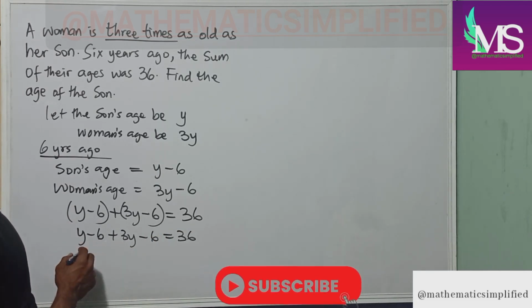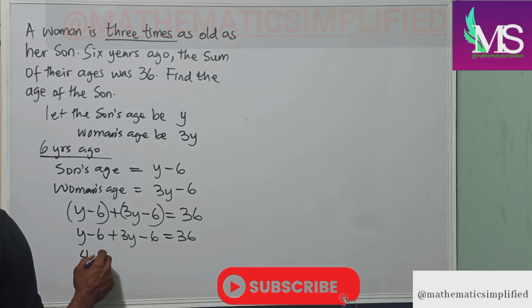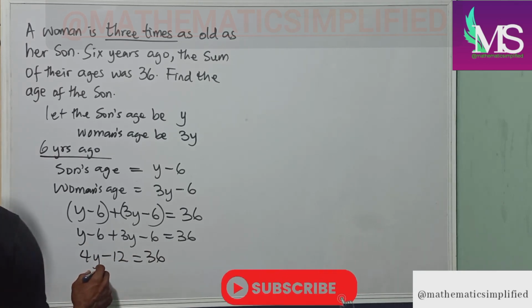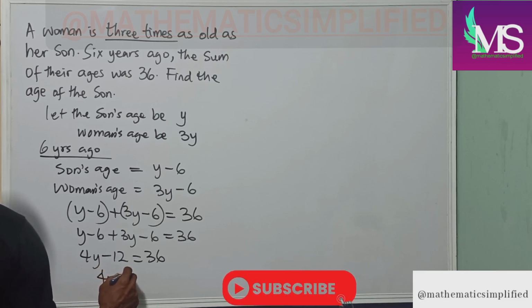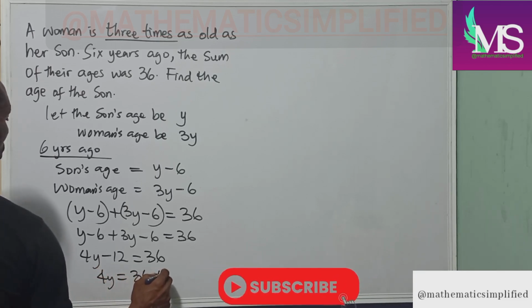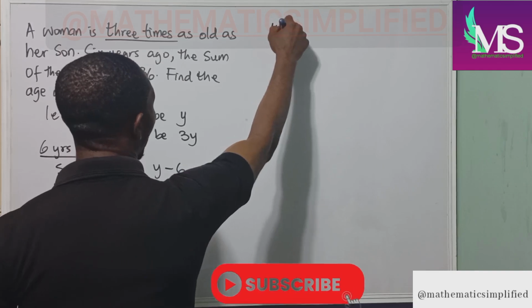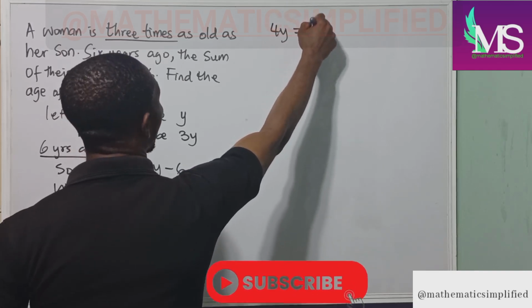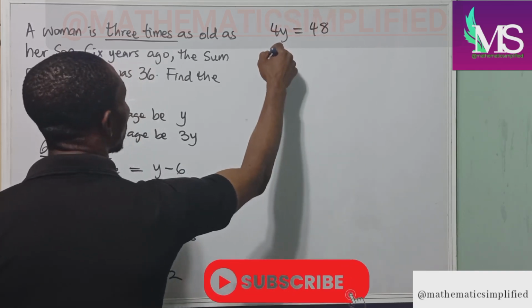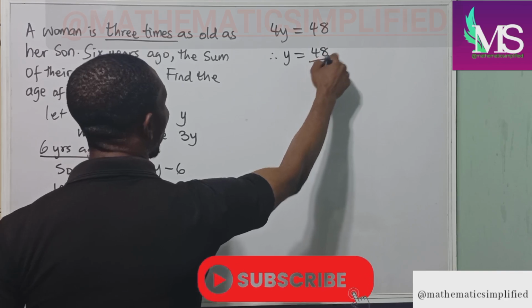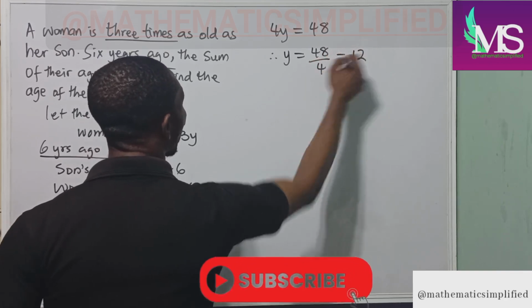This and this will give us 4y minus 12 equals 36. So 4y equals 36 plus 12. So from here we have it as 4y equals 48. So therefore our y equals 48 over 4, which gives us 12.